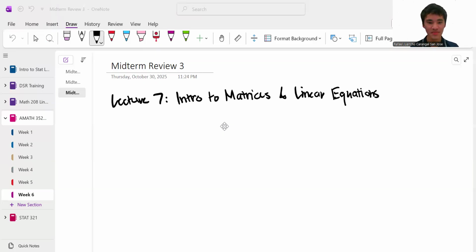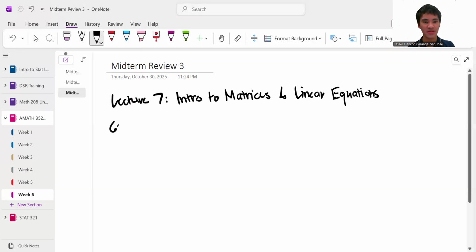Okay? And so when we talk about matrices, one of the most fundamental types of problems we encounter in natural and computational science is a linear system of equations, right? So that's one typical thing that we would encounter in linear algebra.